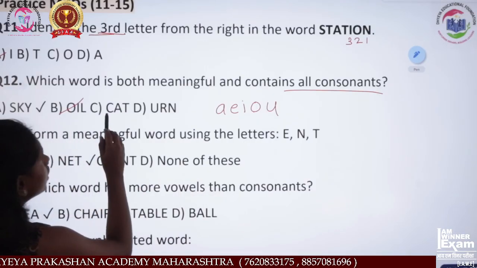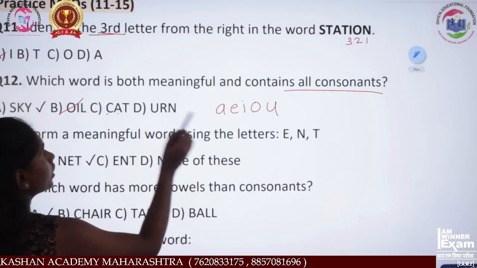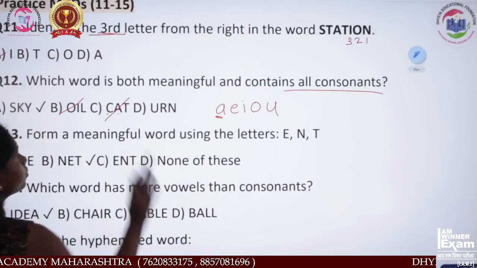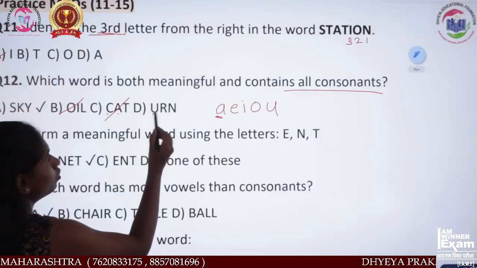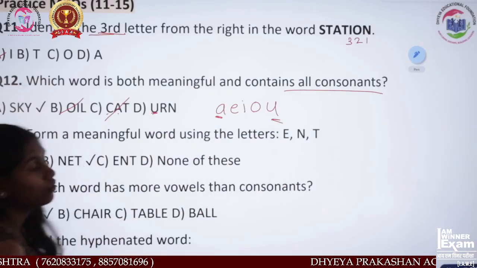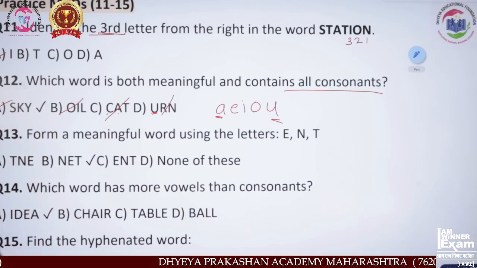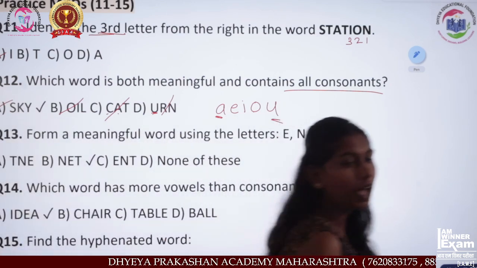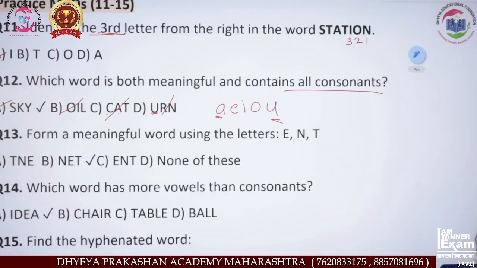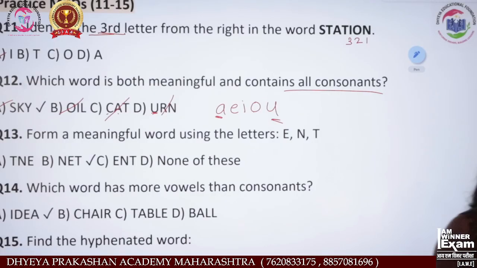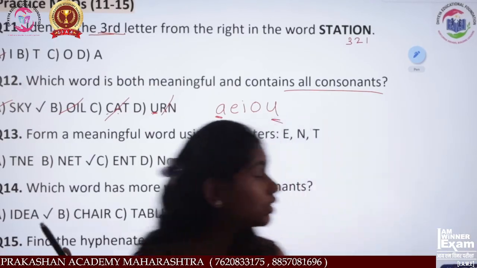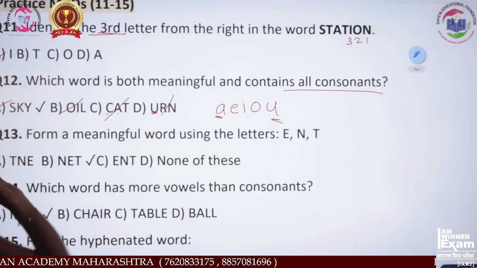Then C is not. A is a vowel, so this option will also be cancelled. And U is a vowel, so this option is also cancelled. So the remaining option is sky. Now sky is a meaningful word and it contains all consonants. It means it doesn't contain any vowels.